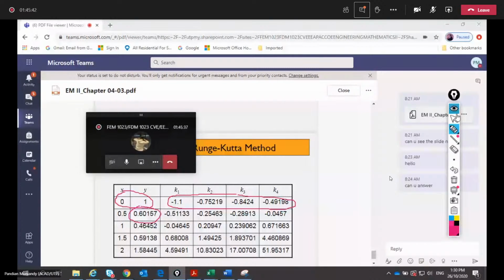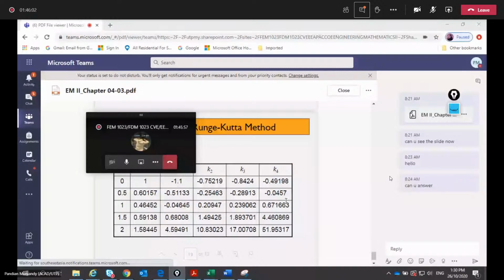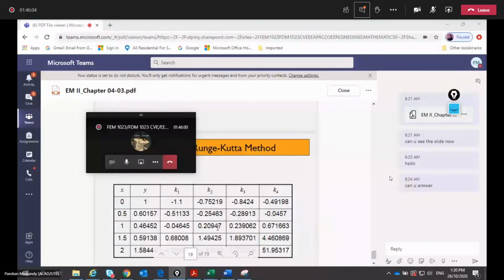So we can check your output as well as your K1, K2, K3, K4 values. So that's why the table is very important. So that is answering why the table is important. The table is a very holistic way of presenting your output, input, as well as the K1 values. Okay.